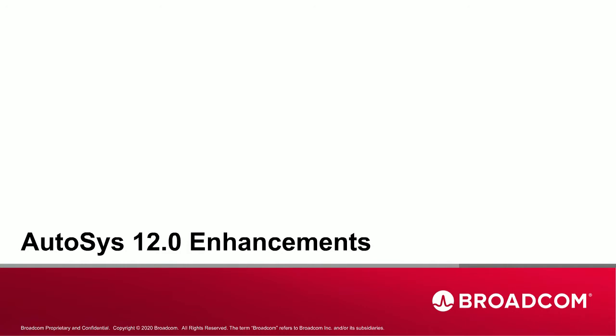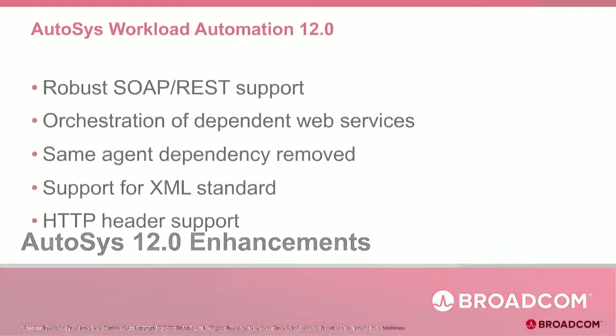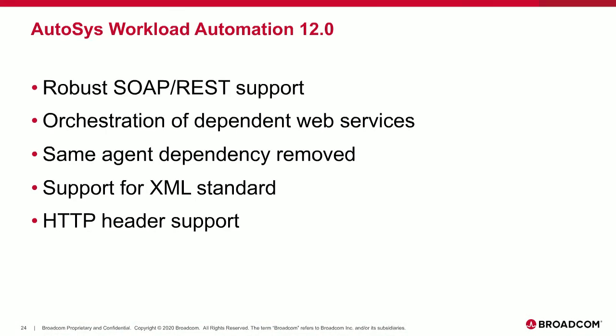And now, taking a look briefly at some of the enhancements made to AutoSys 12.0. So 12.0 introduced a feature called Web Service Orchestration, and it provides much more robust support for REST and SOAP web services.